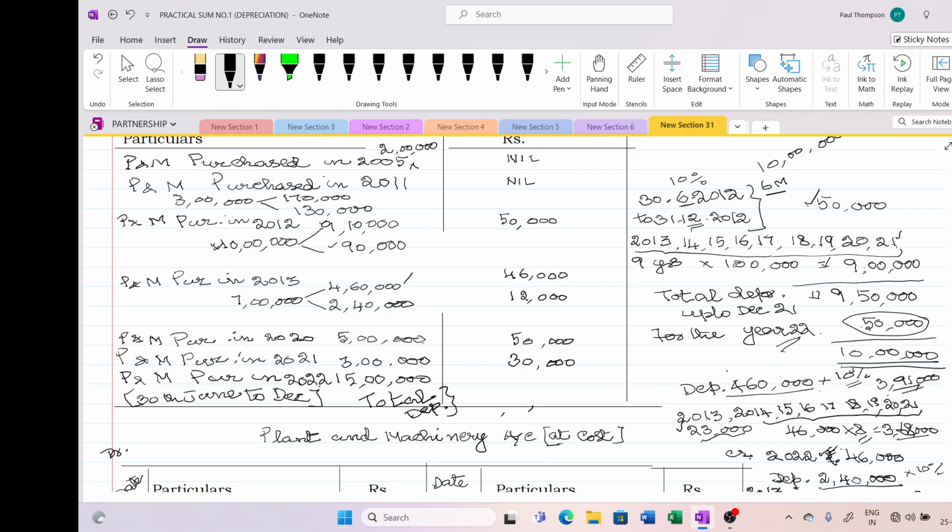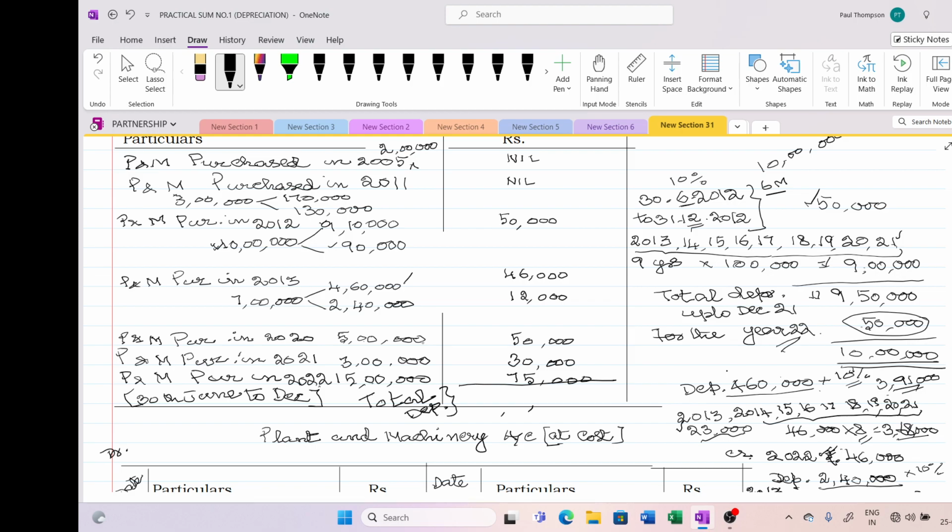So we have to depreciate it for 6 months from 1 July to 31st December. So for whole year it is 1,50,000. For half year it is 75,000. So when you total this, this will be the total depreciation provided for the current year.